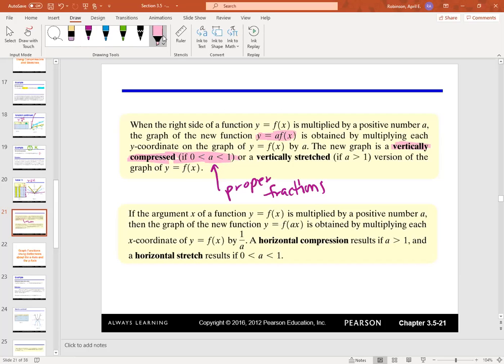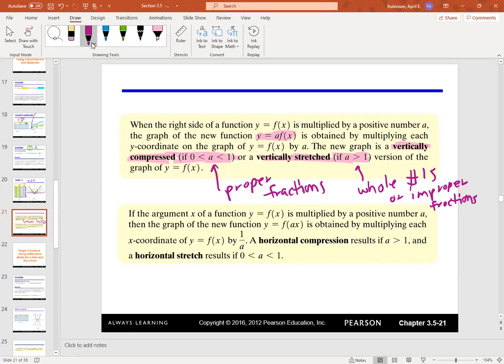And then it'll be vertically stretched if a is greater than 1. So this would be your whole numbers or improper fractions. Okay, I'm going off the screen, sorry. Okay, now that's when you multiply it on the outside.